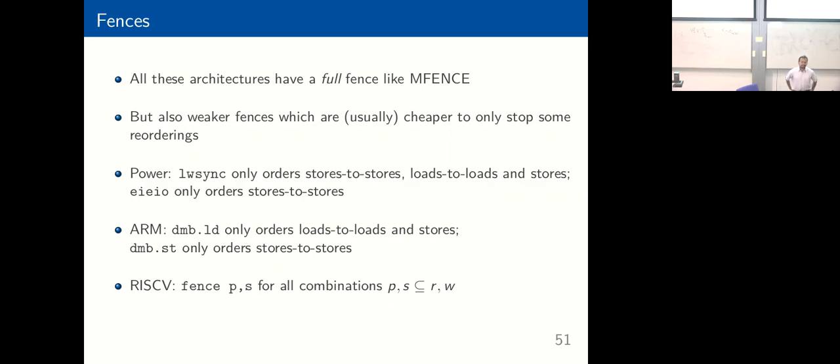Anyway, if you are programming at the assembly level on one of these architectures, you could just have a full fence like you used to, or you could be more selective. The reason you want to be more selective is that they might have different costs. I haven't talked at all about how performant these things are, but you might imagine the weaker fences are more efficient to implement than the stronger ones.